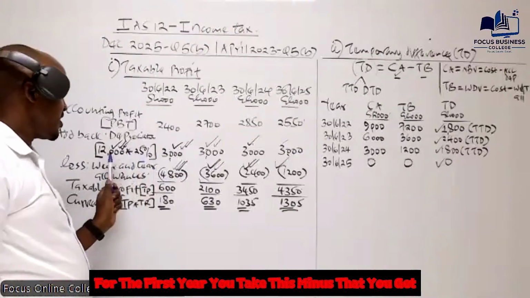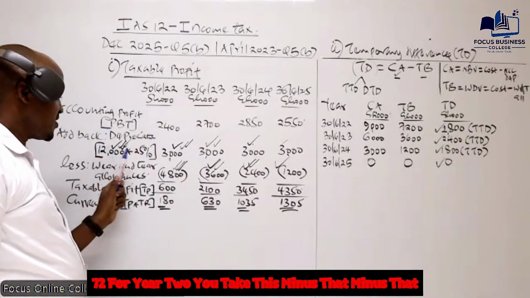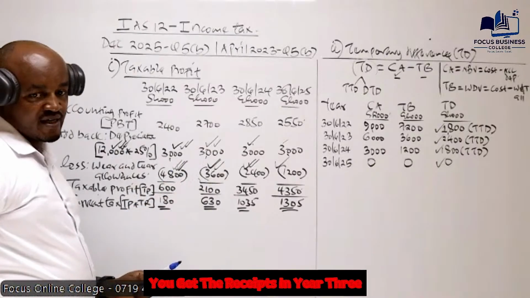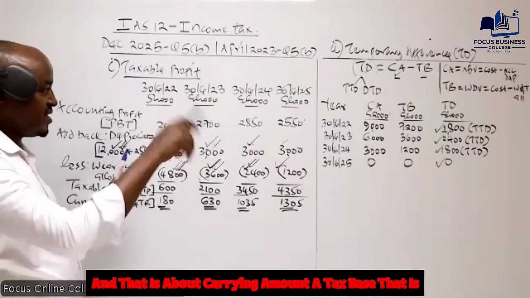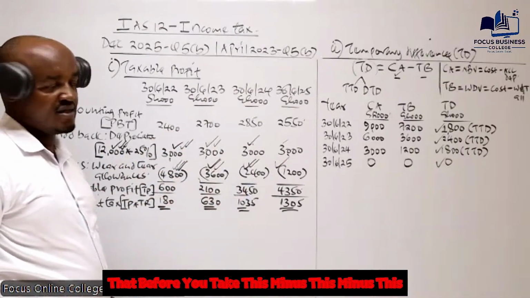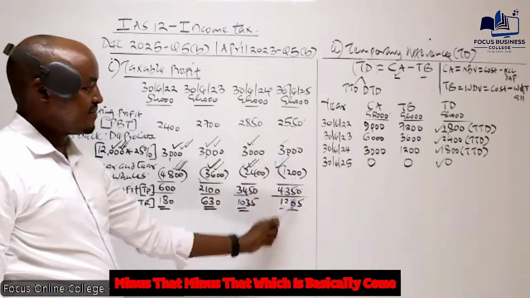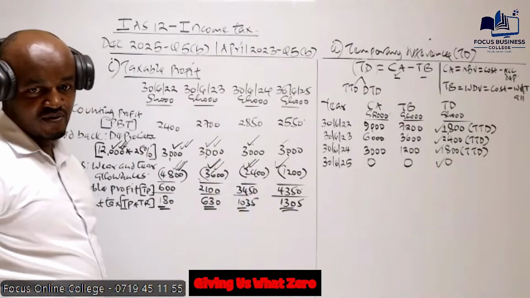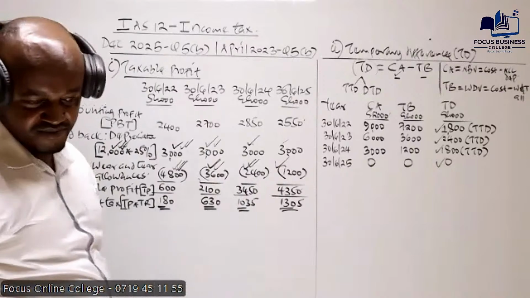For the first year, you take this minus that, you get 72. For year two, you get 36. In year three, you take this minus that, minus that, minus that. Year four, you get 0. Units, I hope that is now clear.